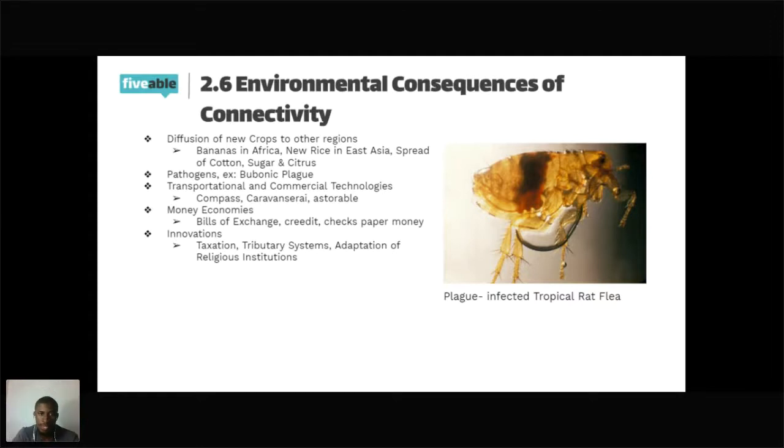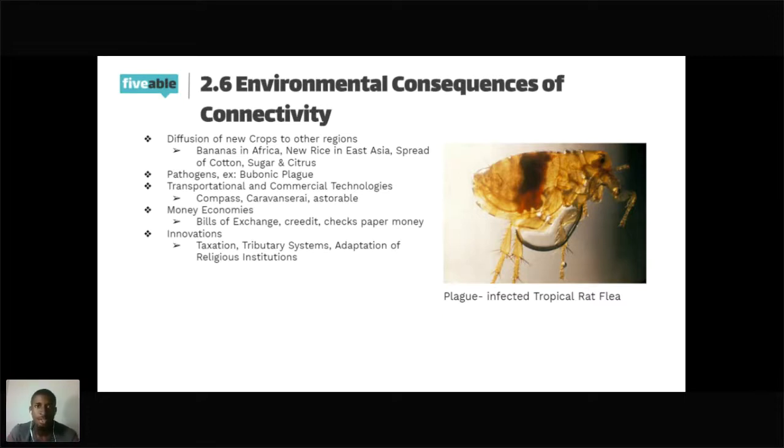Okay, so 2.6 is all about the environmental consequences of connectivity. One, you're going to have the diffusion of new crops to other regions, for example bananas in Africa, new rice in East Asia, and the spread of cotton, sugar, and citrus along these various trade routes.